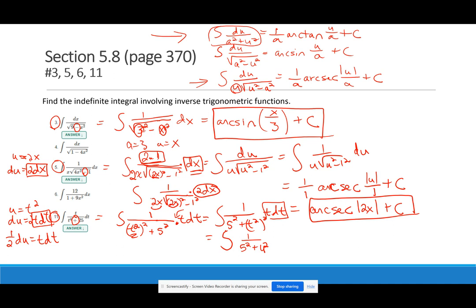Okay. And then the t dt I can replace with 1/2 du. Okay, so I have a 1/2. Then I have the 1 over 5 squared plus u squared du.